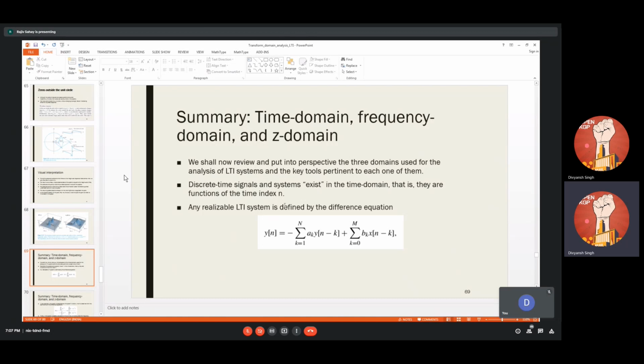Any realizable LTI system is defined by this difference equation. This is the LCCDE, or linear constant coefficient difference equation. All of you must have studied this in the signals and systems course. This is called an LCCDE, or a linear constant coefficient difference equation.